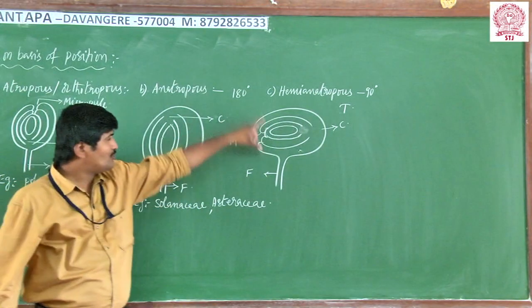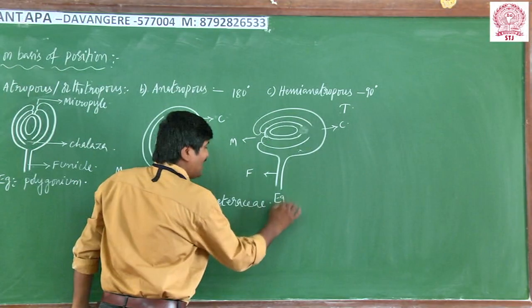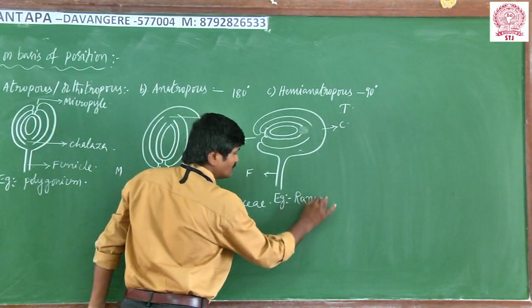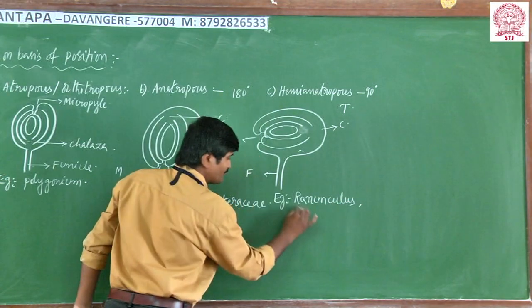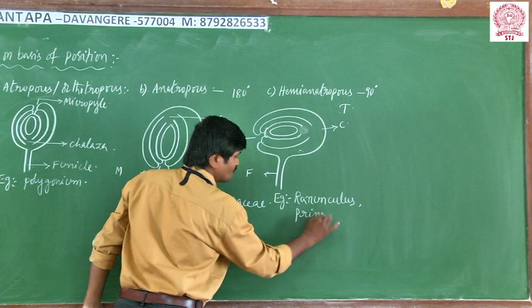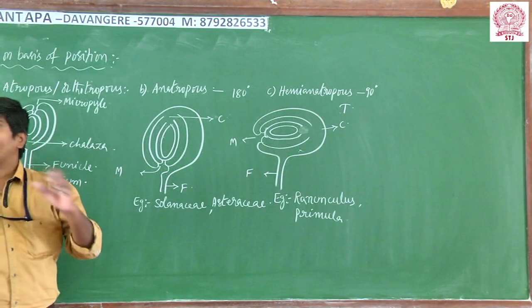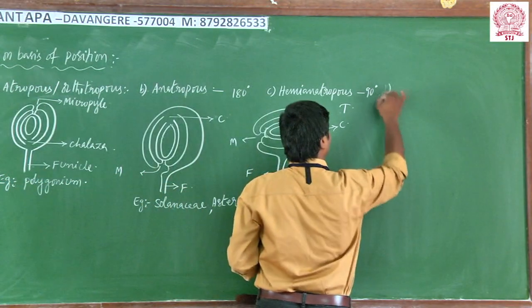Examples for hemianatropous ovule: Ranunculus and Primula. These two are examples for hemianatropous ovule.